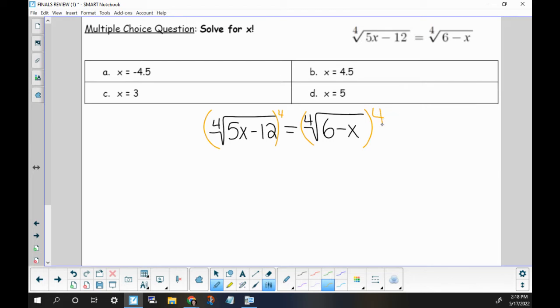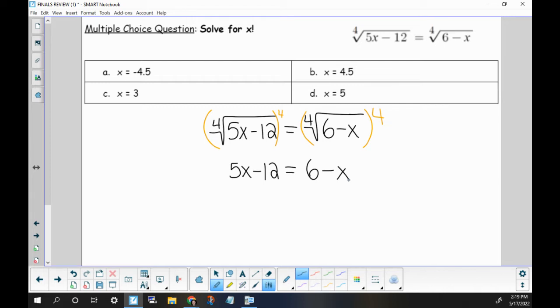What will we be left with? What does this take away? Yes, it gets rid of the radical, so we're left with 5x minus 12 equals 6 minus x.